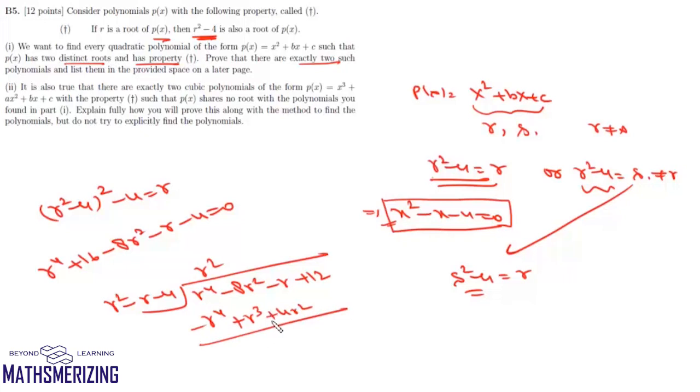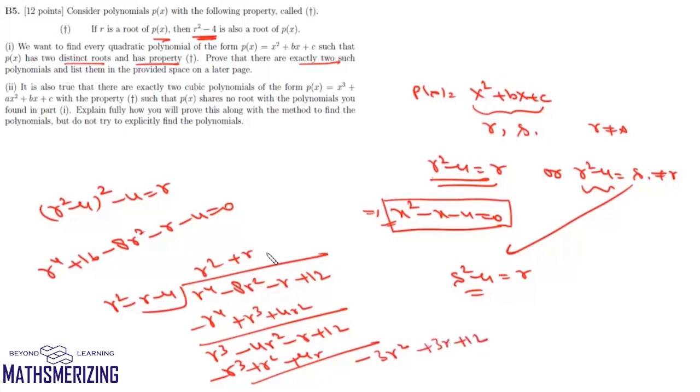So this is minus plus plus. So it'll be r cube minus 4r square minus r plus 12, plus r cube minus r square minus 4r. So it'll be minus 3r square plus 3r plus 12, and then we'll have minus 3. So it'll be minus 3r square plus 3r plus 12.